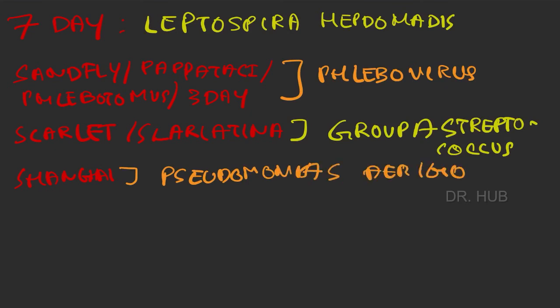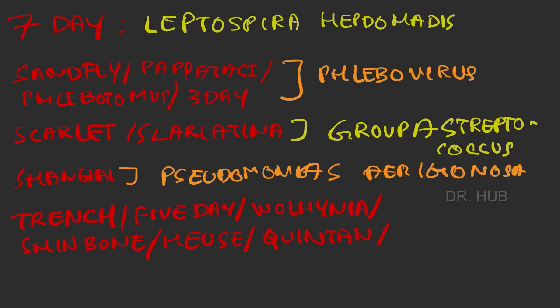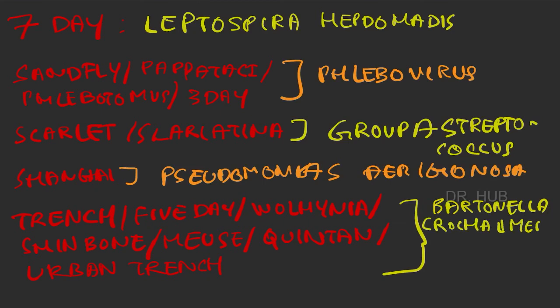Then Shanghai fever, seen in Pseudomonas aeruginosa. Then trench fever, or the 5-day fever or Volhynian fever. Then shinbone fever or Meuse fever or urban trench fever. This is related to the Bartonella quintana.